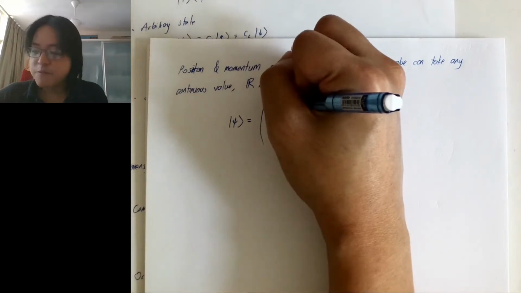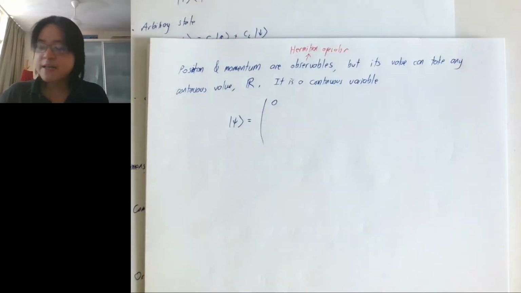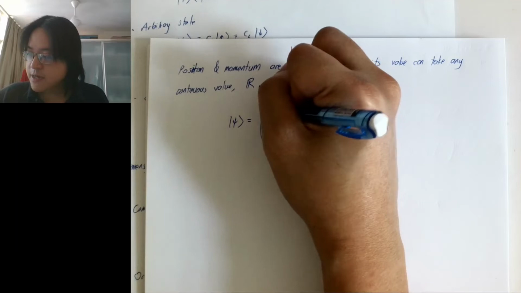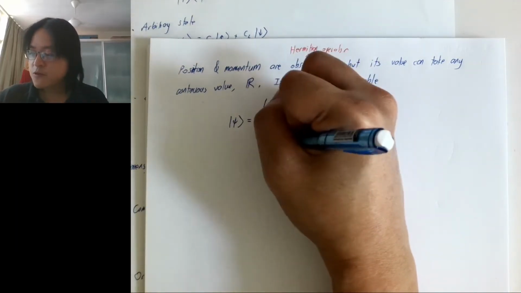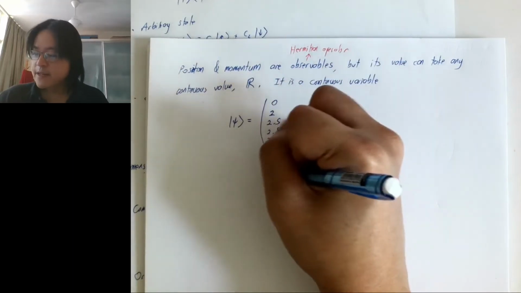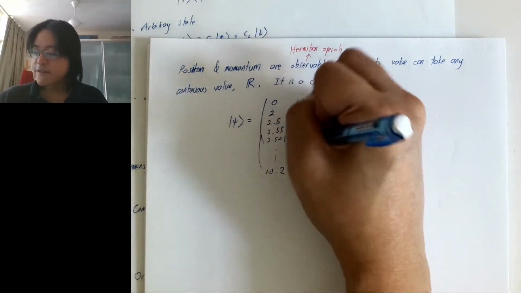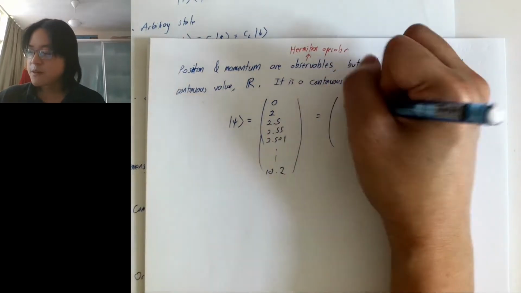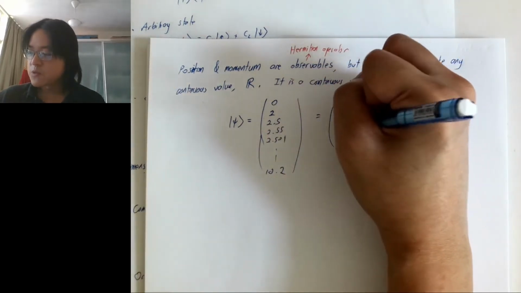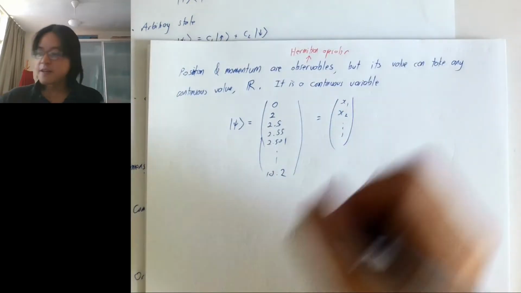So if I literally want to write everything out, it would be impossible, because let's say the particle is at position 0, or 2 meters from the origin, or 2.5, or 2.55, or 2.501, right? It could be anything. So it's like an infinite list of columns, right? So the possible values x1, x2 form an infinite list of columns.